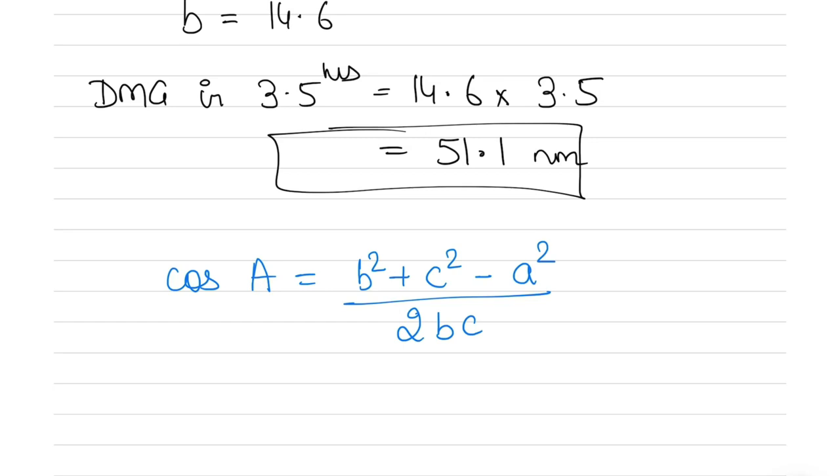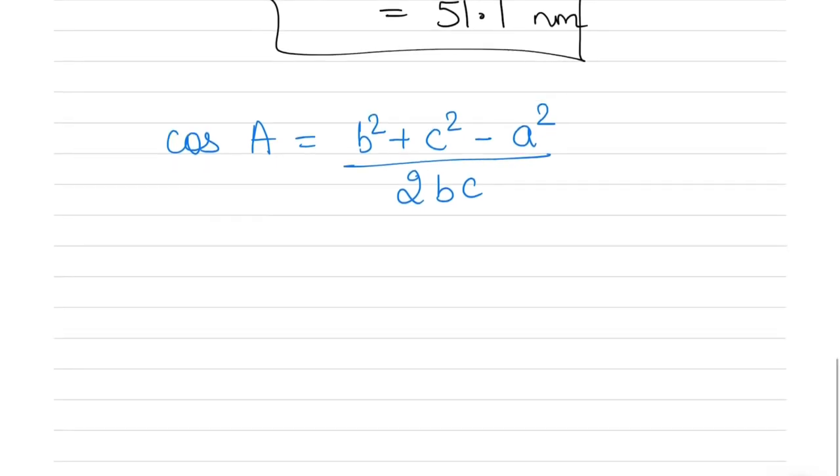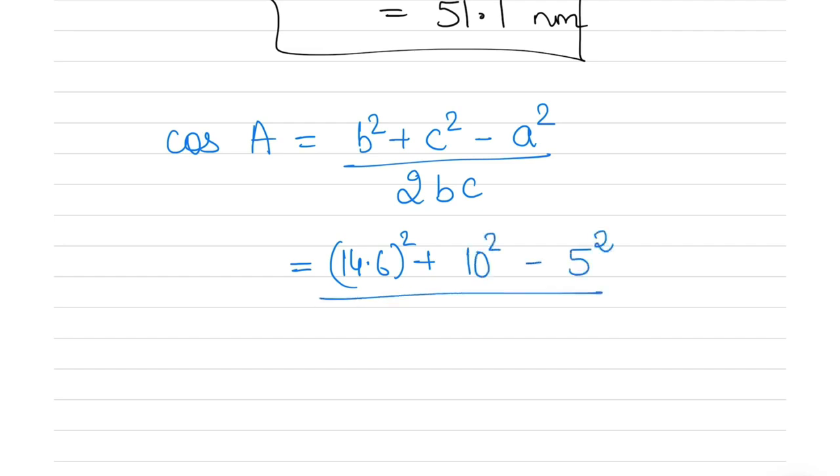So we don't know cos A, so we have to find cos A. B square is 14.6 square, plus C square is 10 square, minus A square is 5 square, divided by 2 times 14.6 times 10.